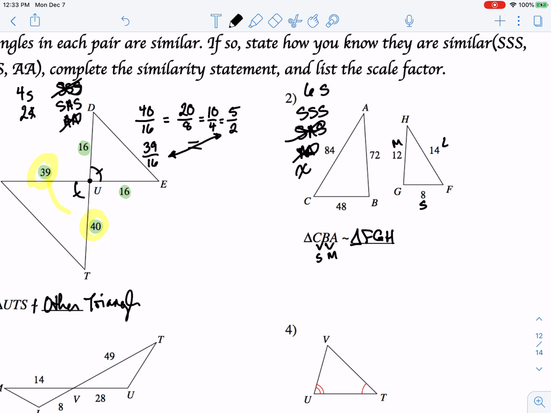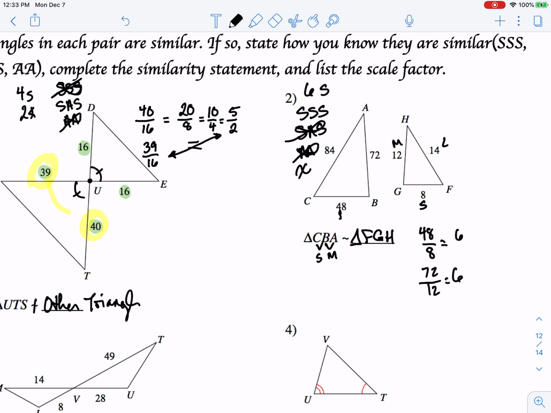Now, is this true? The only way I know is by setting up my proportions. So if I take my 2 small sides, 48 to 8 is 6. My medium side, 72 to 12, I get 6.